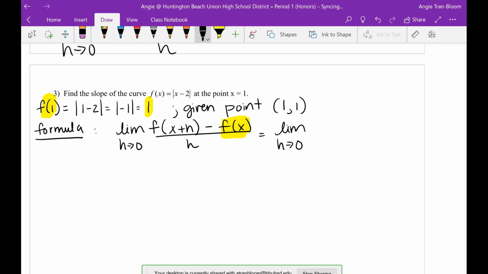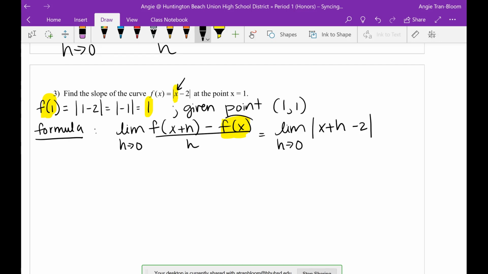I'm going to plug in now x plus h for my function, x plus h for this function right here, every time I see an x. So absolute value, this has 1x, so now that x gets an x plus h minus 2, that's an absolute value.